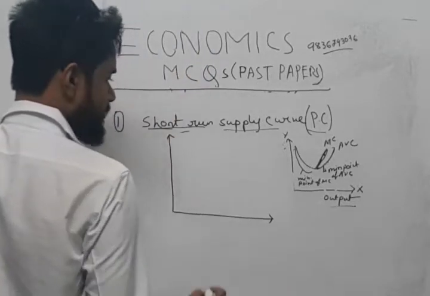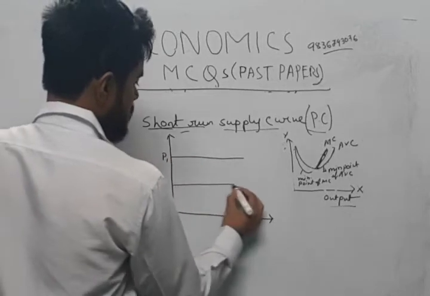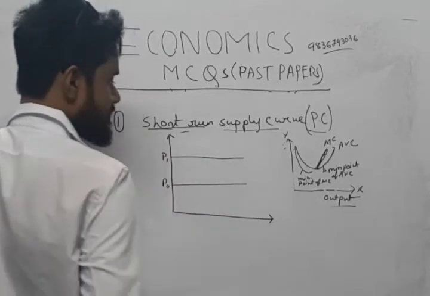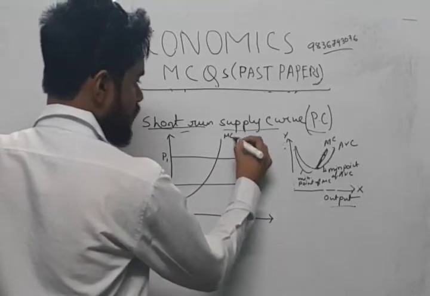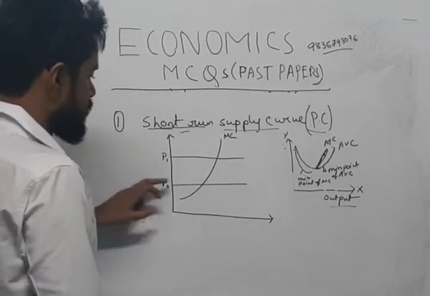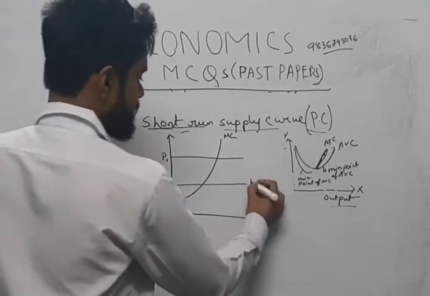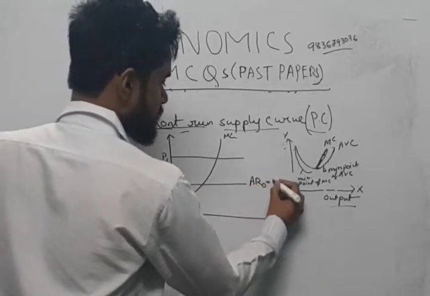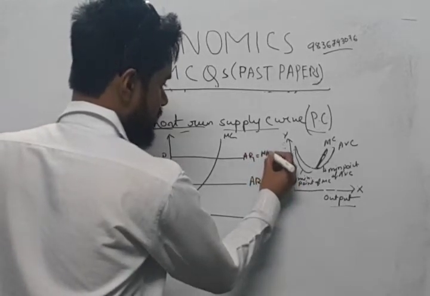So in this diagram, if this is the price line, say this is P1 and say there is another price line P0, and this is MC. So we obviously know that where MC cuts P, which is the AR line, this is AR0 equals MR0. This is AR1 equals MR1.